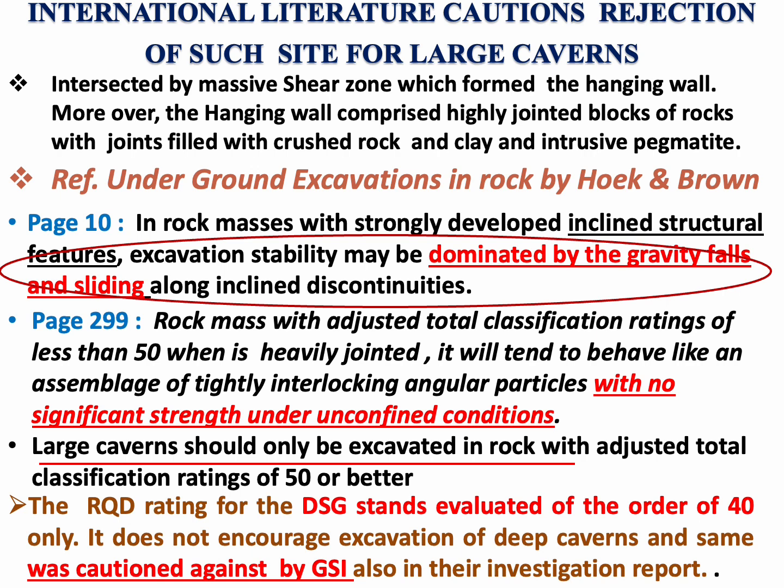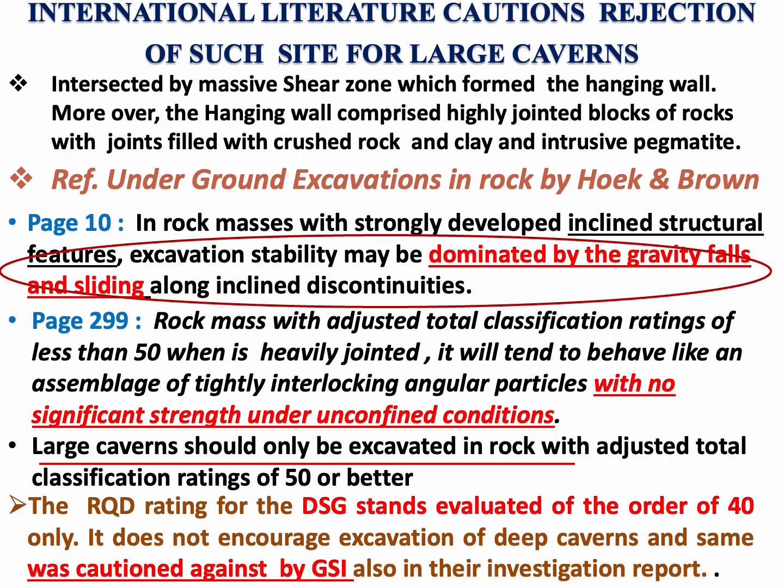The RQD rating for the Downstream Surge Gallery stands at a value of the order of 40 only. So it does not encourage excavation of deep caverns, and the same was cautioned against by the Geological Survey of India, the geology consultants of the main consultants, in their investigation report in 2010 itself.